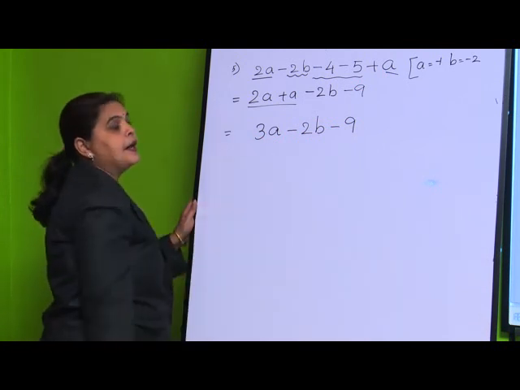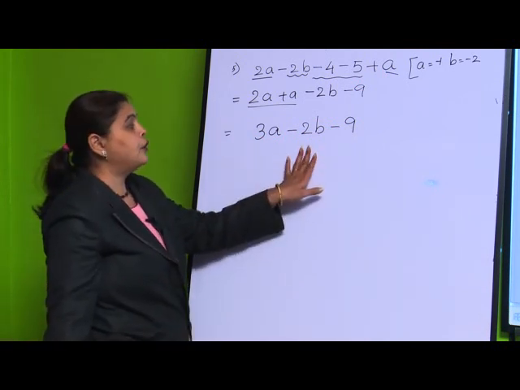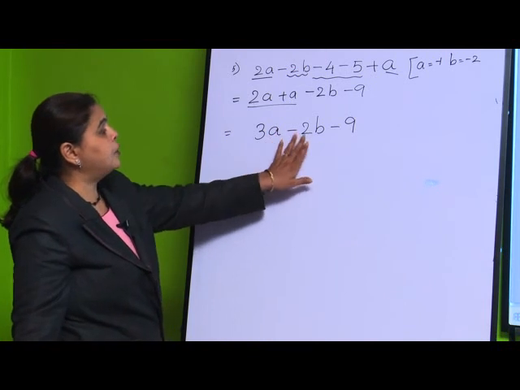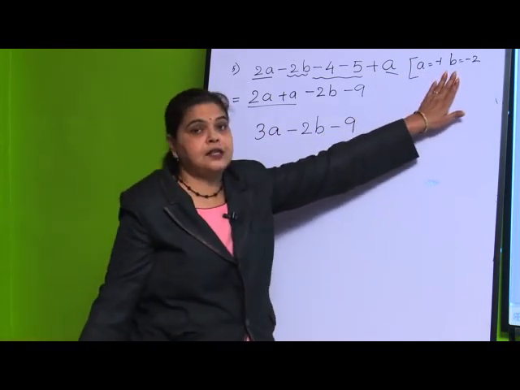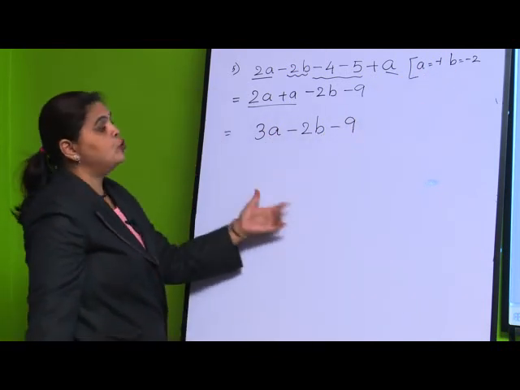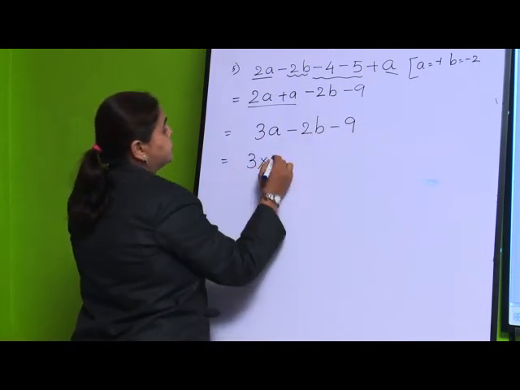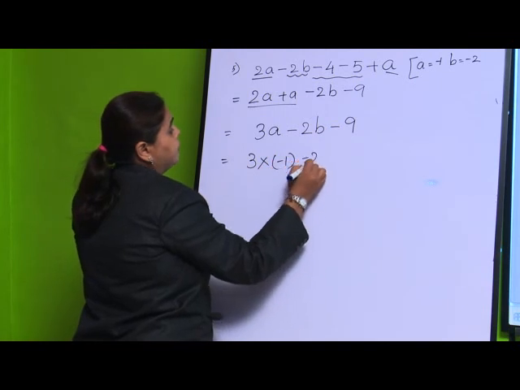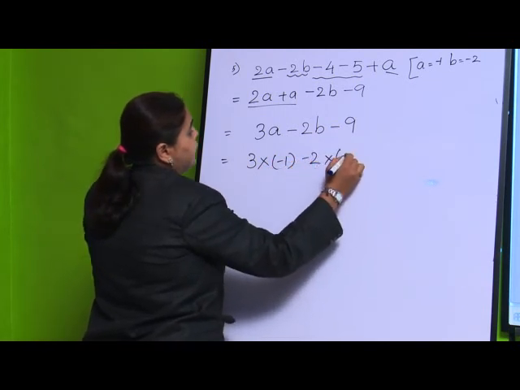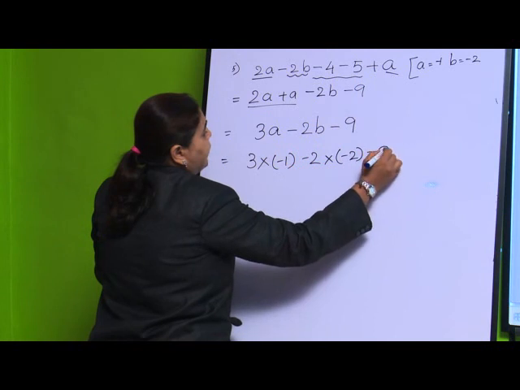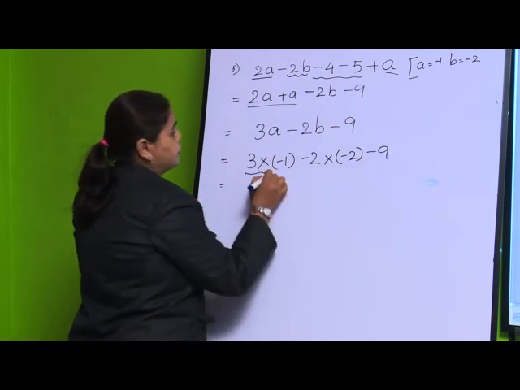Now, this is the expression you have got, and we substitute the values of a and b which are given to us. So, 3 into a, which is minus 1, minus 2 into b, which is given as minus 2, minus 9. We will solve this.